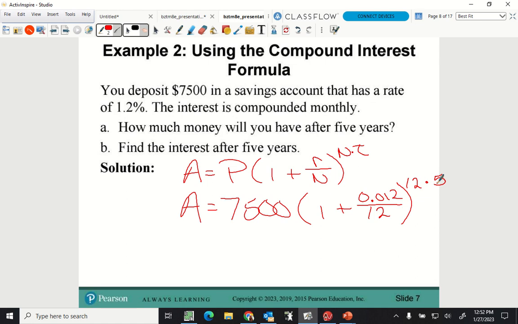Read the exponents. What did you put? You put a 3, not a 5?